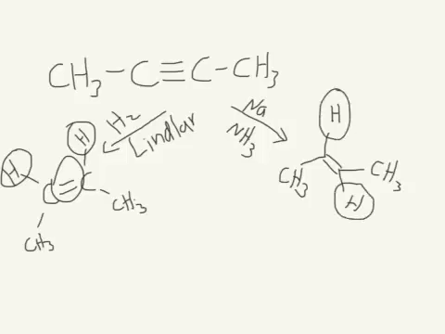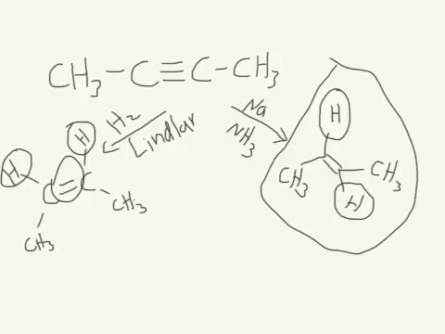But again, if you provide excess reagents, the molecule will keep getting hydrogenated until it's an alkane. The alkene is only formed if 1 molar equivalent of hydrogen is added.